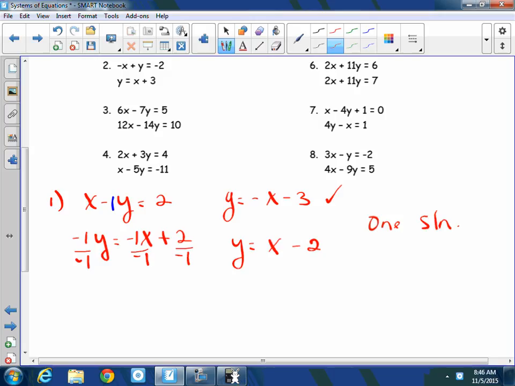Consistent. It's consistent because the only ones that are inconsistent are the ones that don't meet. But consistent dependent or independent? Consistent what? Independent. Very good. Okay? And you're done.